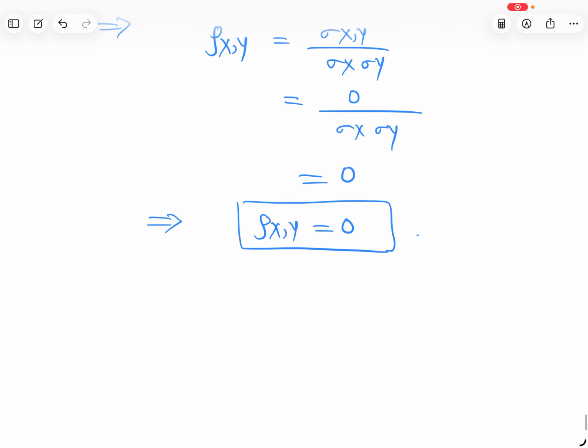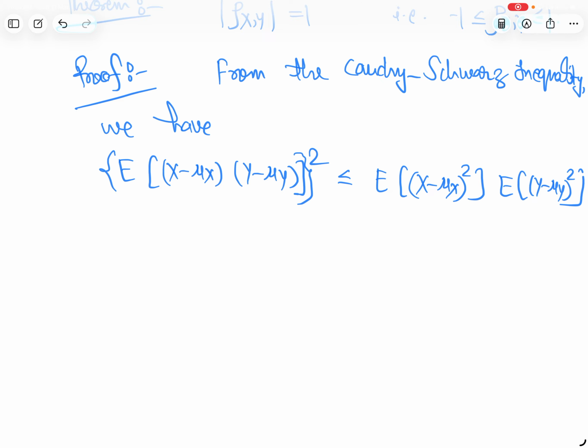By Cauchy-Schwarz inequality, what we have? We have this one. X is X minus mu x. Y is Y minus mu y.